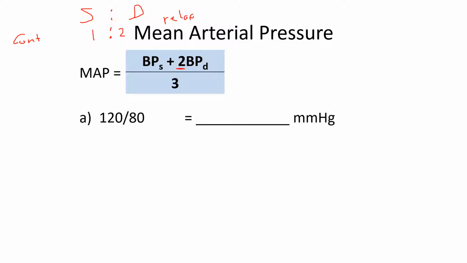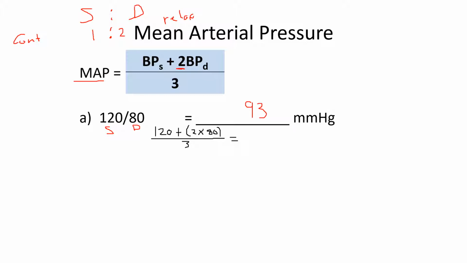So you get the systolic pressure, you add twice the diastolic pressure, and you divide by 3. And that'll give you the mean arterial pressure. This is the pressure your arteries feel all the time. So plug and chug, make sure that that's your S value, that's your D value.